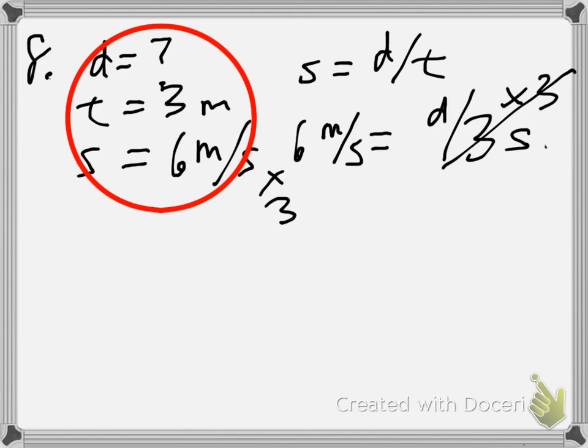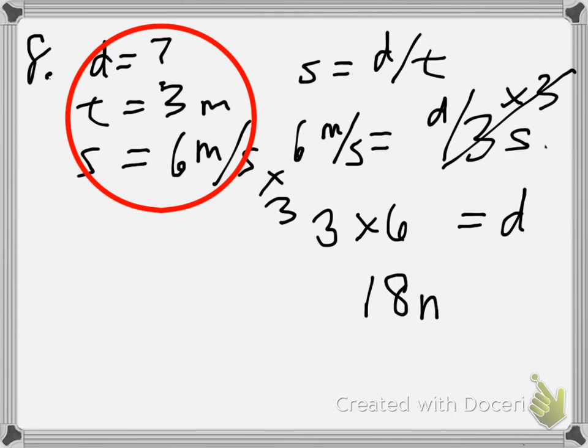That over here will cancel these two off, so you will be left with d equals 3 times 6, which we don't need the calculator for that one. That will give us 18, and the thing we're solving for is the distance, so that's in meters. So the distance equals 18 meters.